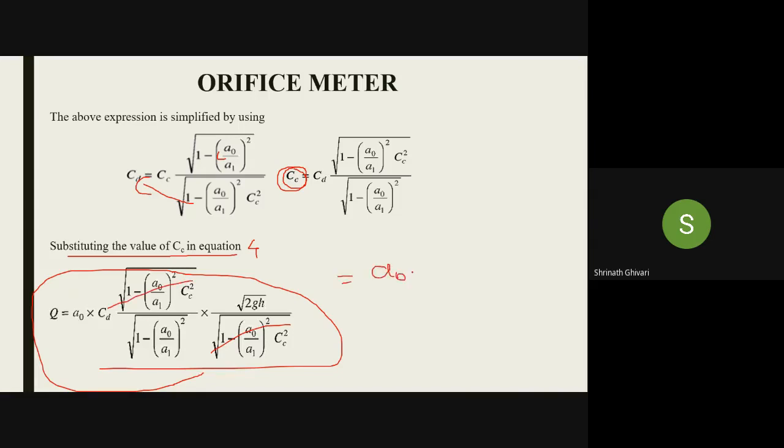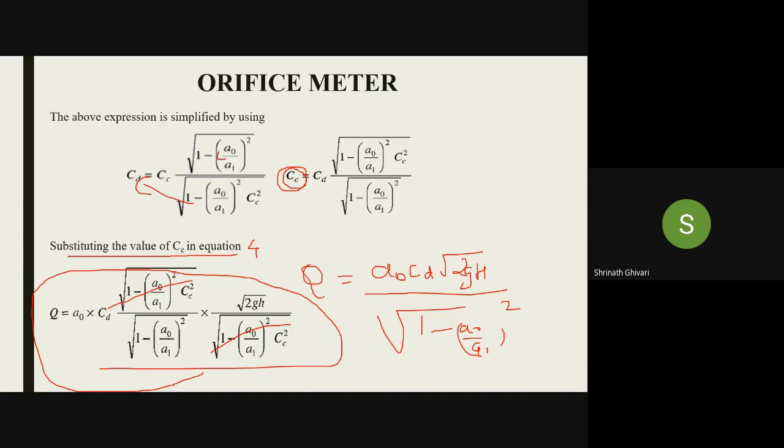A naught CD square root of 2GH divided by square root of 1 minus A naught divided by A1 whole square. This is your Q.